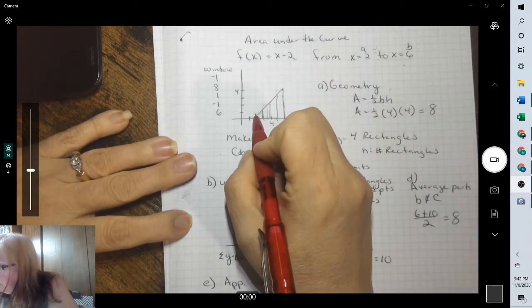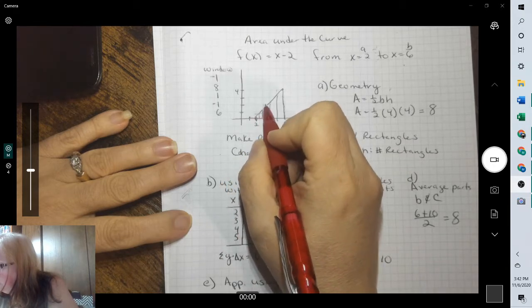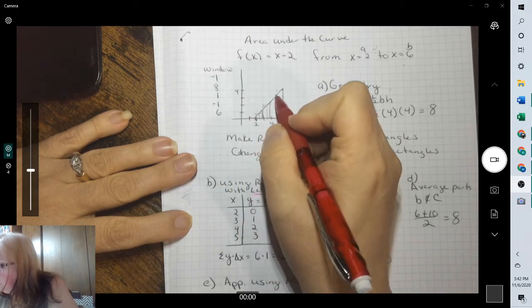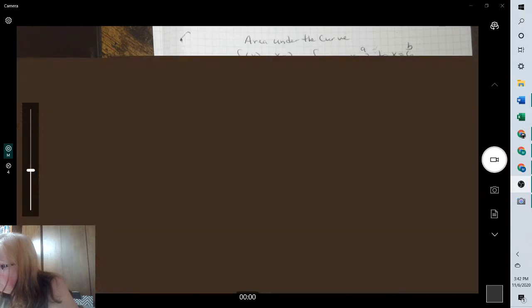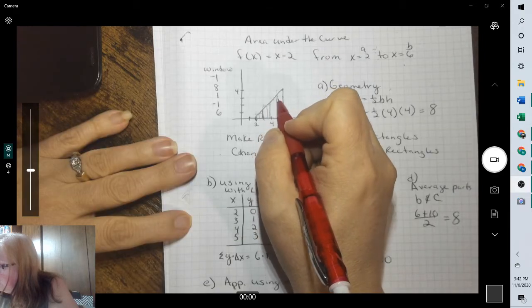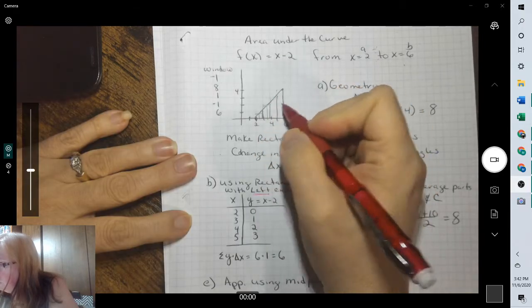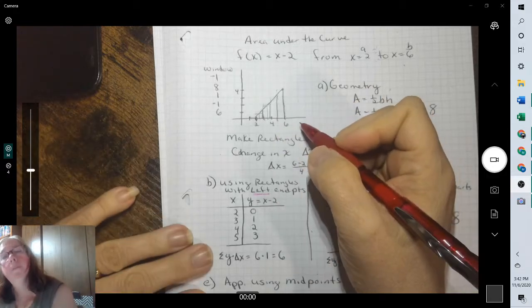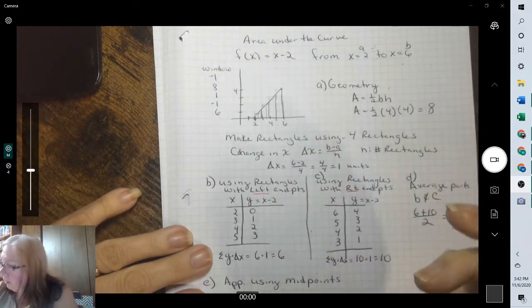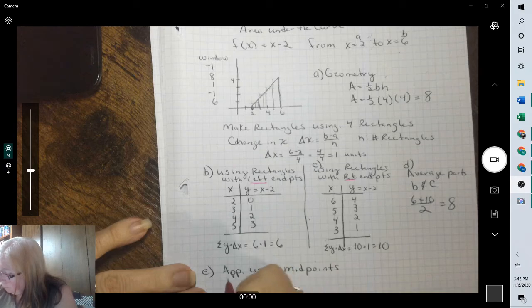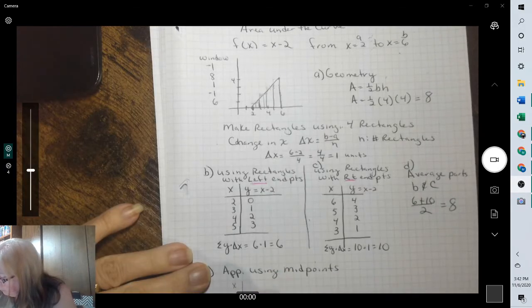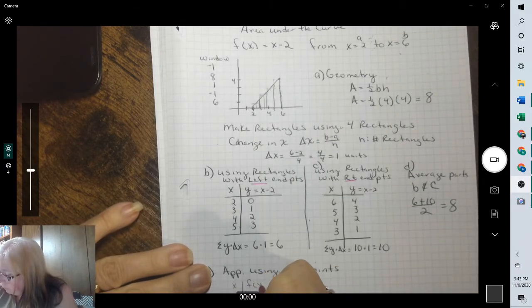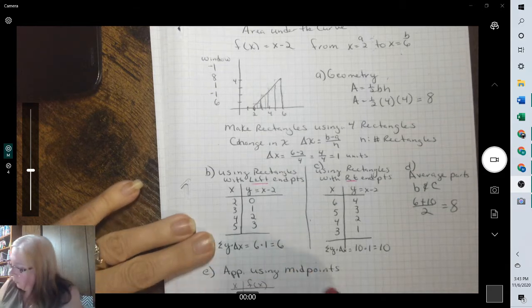The part that's coming short will fill in the part here. This part will fill in this one. This and this. So it's filling in the part that's missing. So you use the midpoint. Oh, we used Y.